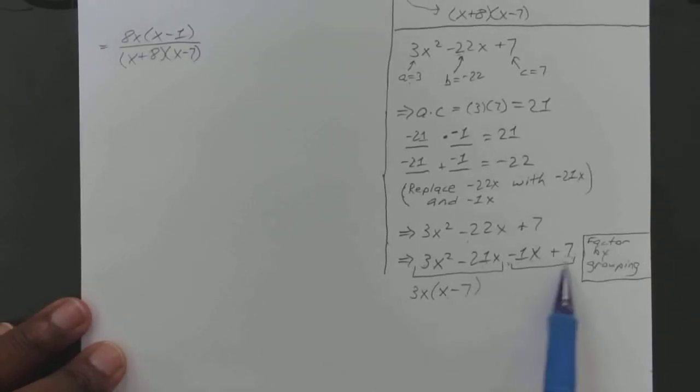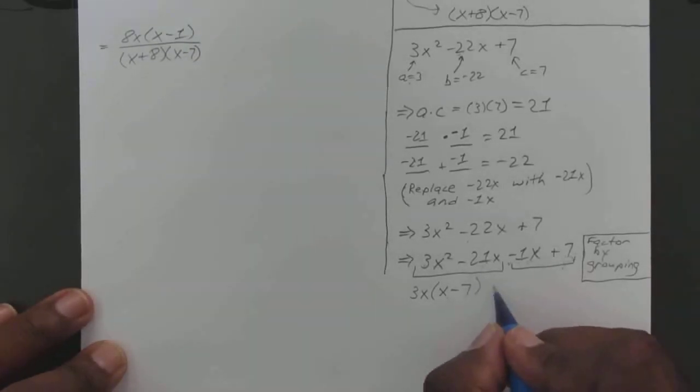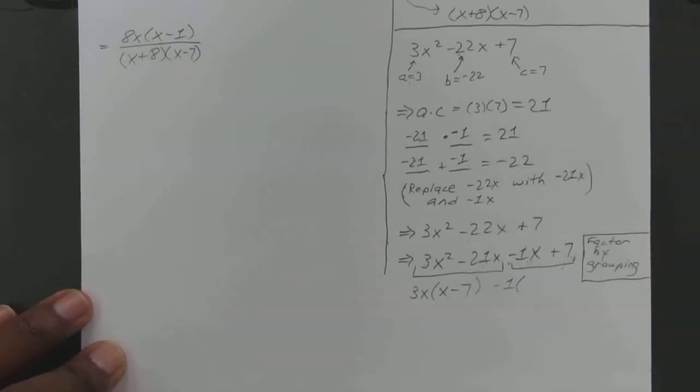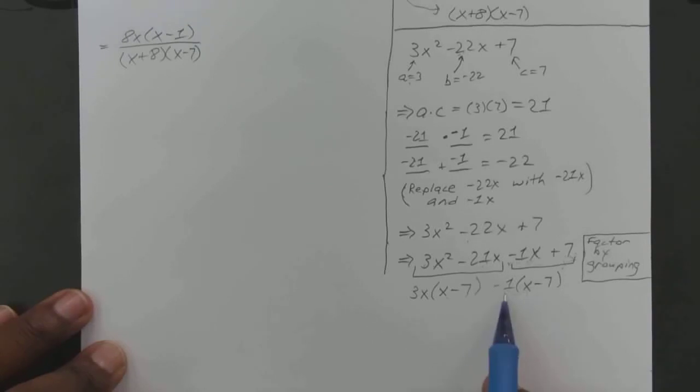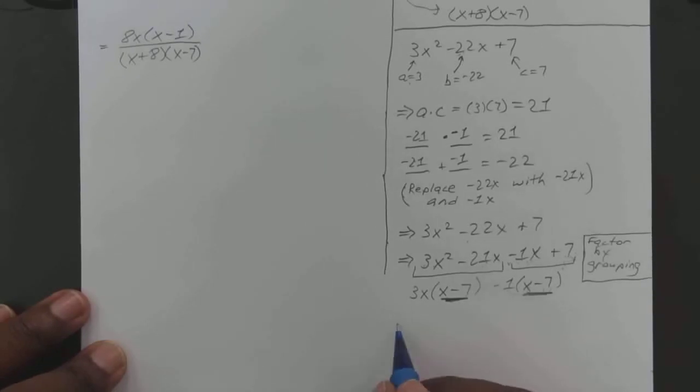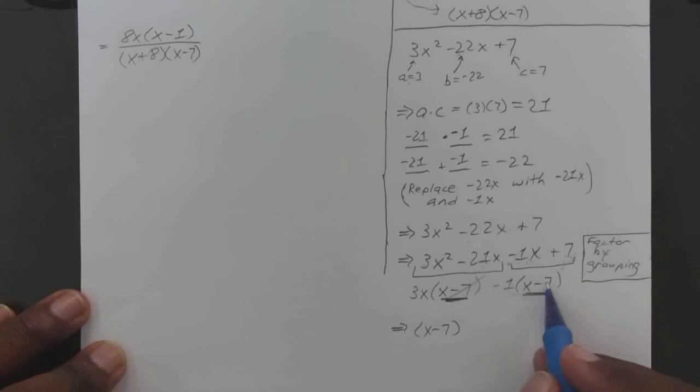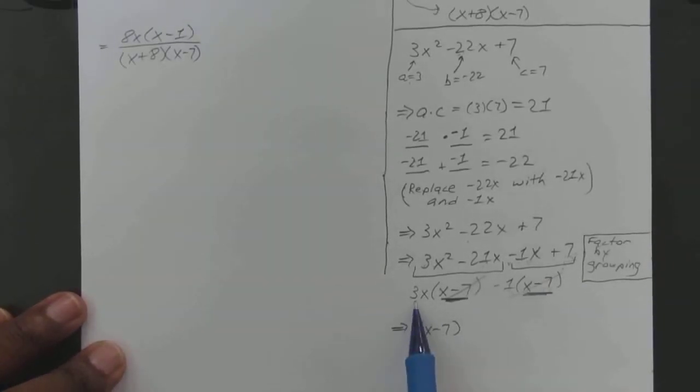So most of the time you can always tell what you're looking for over here, especially when you have that middle term that's negative. If it's x minus 7 over here, then you're going to want an x minus 7 over here. So this first one is almost always your guide. So if you factor out a negative 1 here, you end up with x minus 7. You can always double check by distributing that out. You'll get negative x plus 7, so you know that's right. And as soon as you have these match, you can just factor it right out.